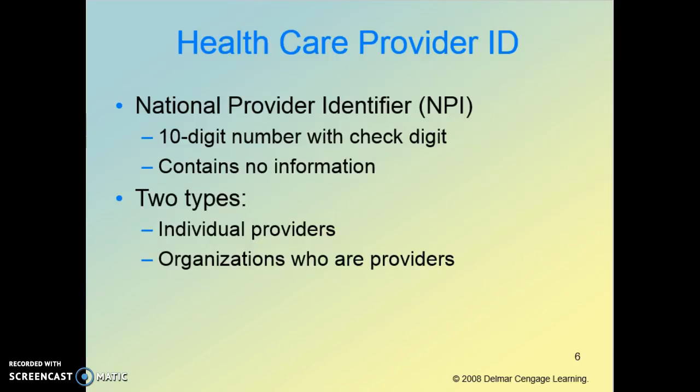That's kind of the idea behind it. And it's not going to contain any specific identifying information in the number. So it's not going to have part of your address or zip code or anything like that. It's just going to be a generic 10-digit number that's only going to be usable if you know what you're doing with it, basically.